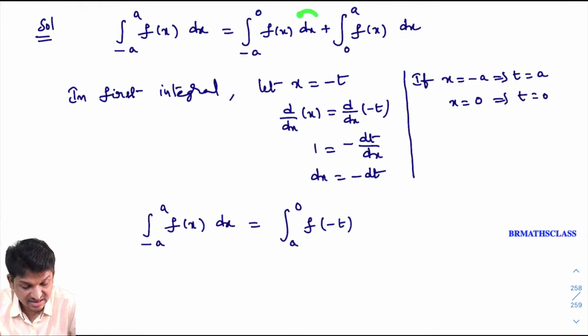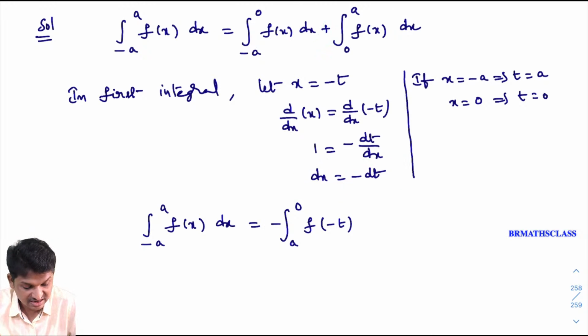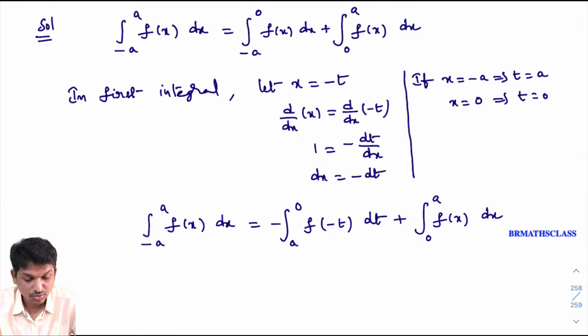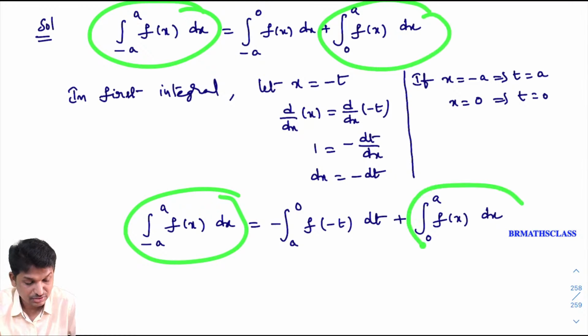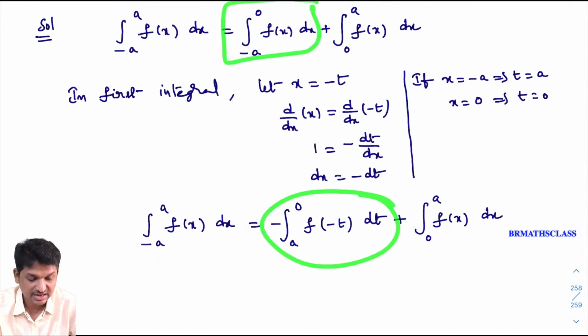What is dx? Look here, dx is minus dt. Minus is a constant, so I'll write that minus here. Minus dt. Plus, now the second part is as usual. You observe, this is as it is, this is also as it is. I made changes in this first integral only, then I got it like this.